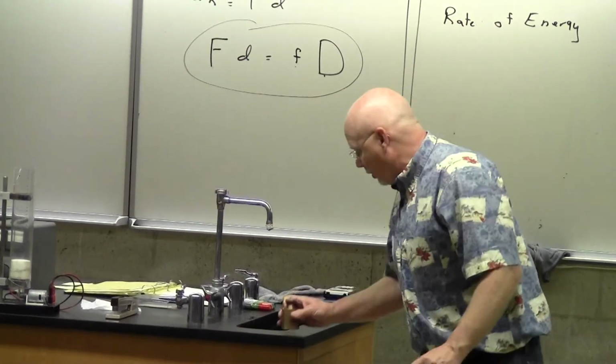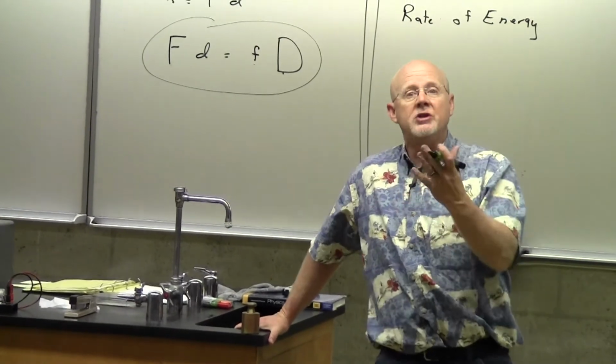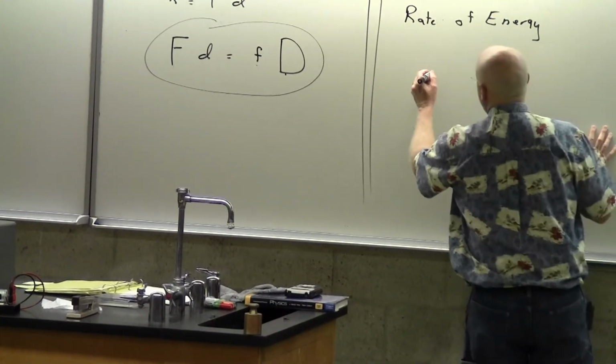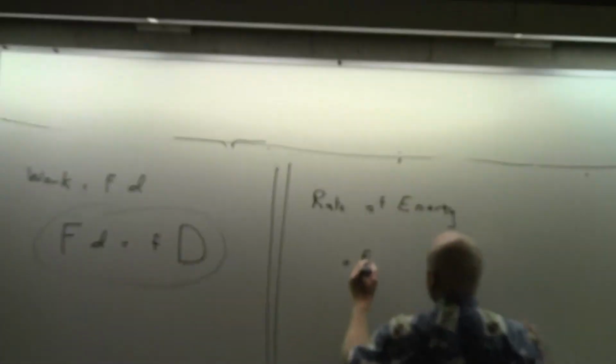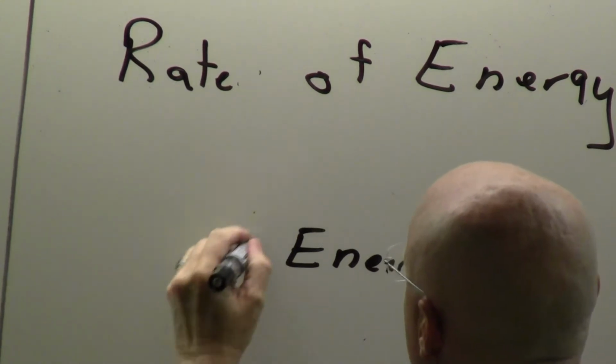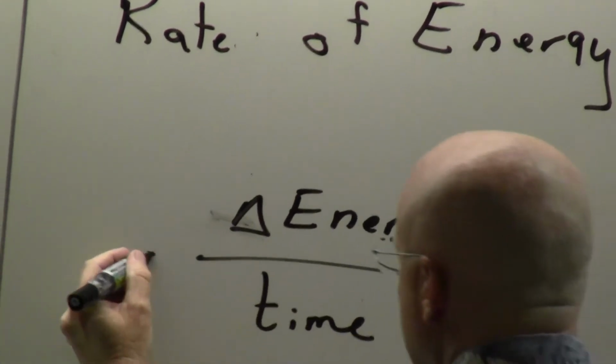But if we look at one type of energy, that does change. In other words, it loses potential energy. And so if we do this kind of thing, we say, okay, what is the change of energy and the time taken?